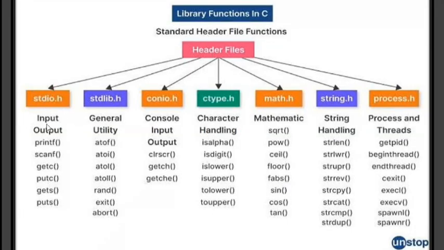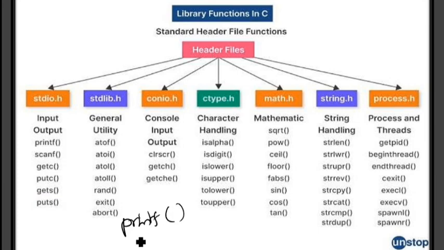So these are the functions: printf, scanf, getc, putc, gets. How do you identify a function name? Anything which is followed by an opening bracket and a closing bracket. For example, printf, which I am writing now.